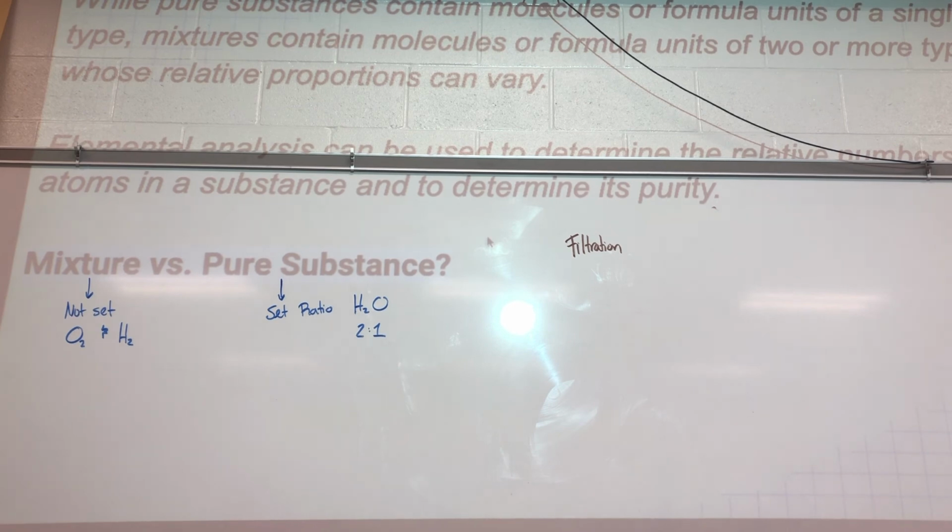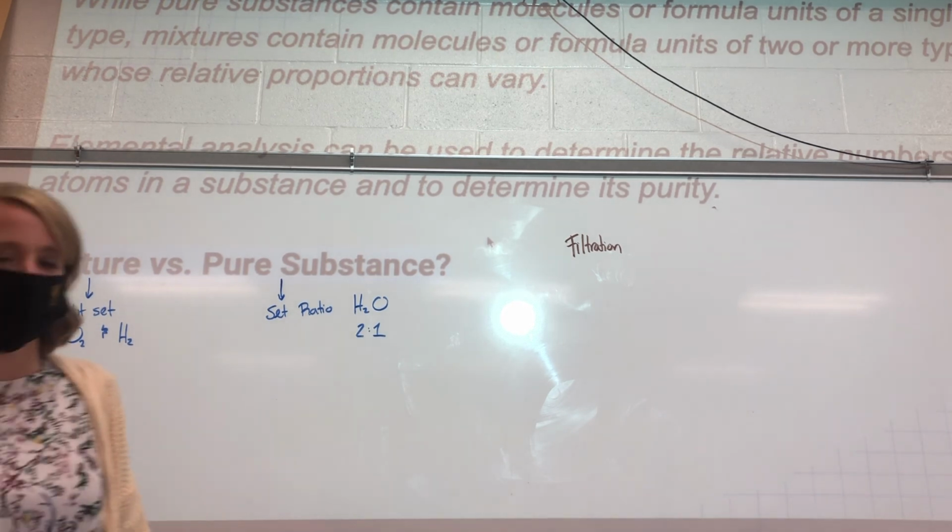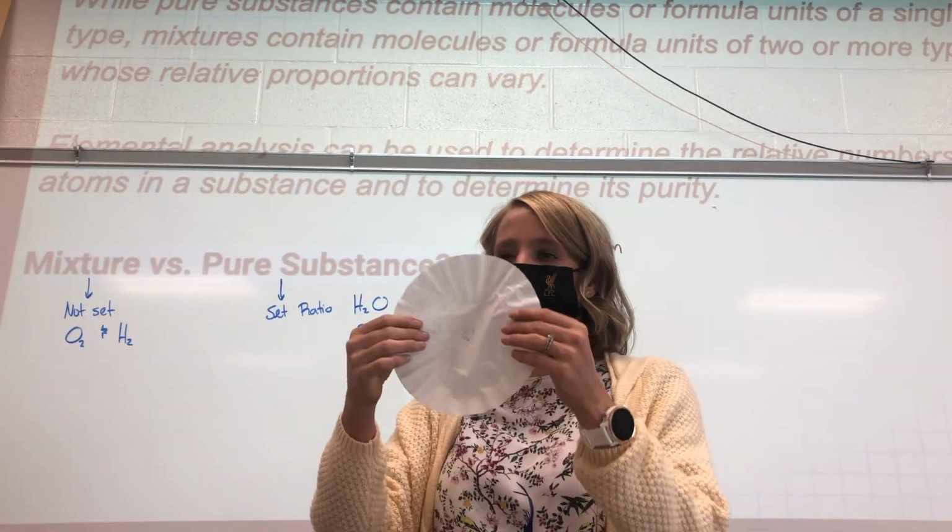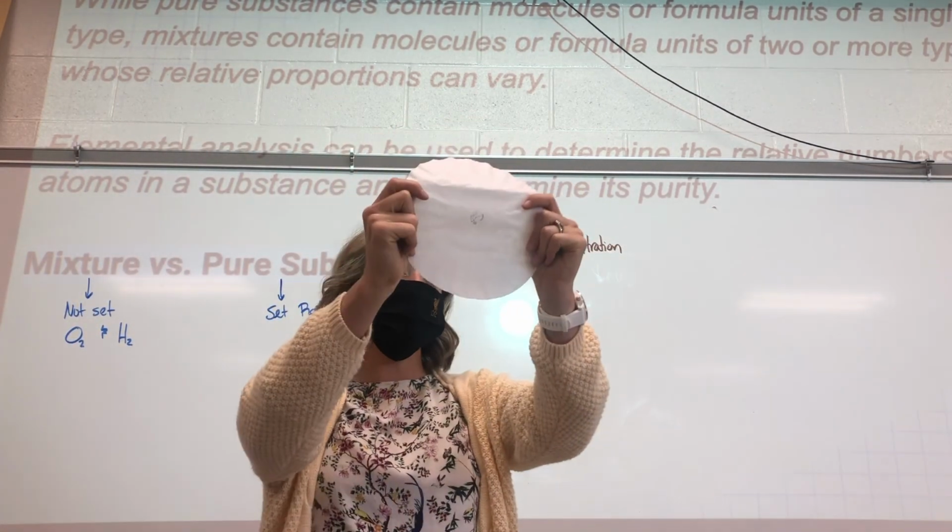They just filtered it. Now in chemistry we don't use strainers like you do with spaghetti, because we need something with very, very small holes so the molecules can separate. So we just use filter paper, which literally is the same thing as a coffee filter, and we'll use these in lab because they're cheap, but they work great. So this is a filter paper.